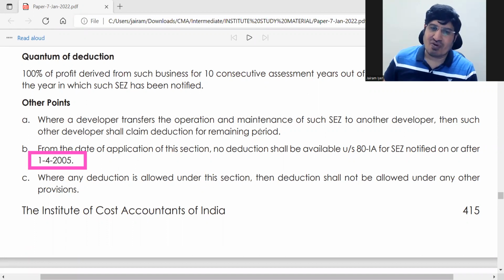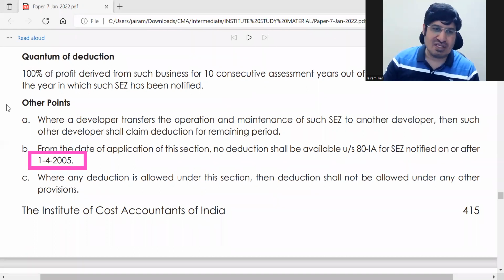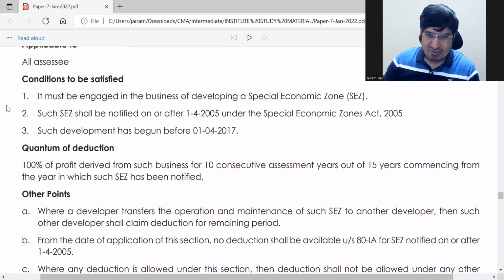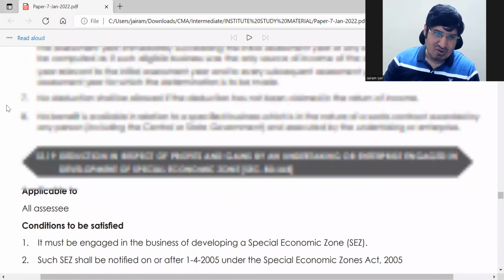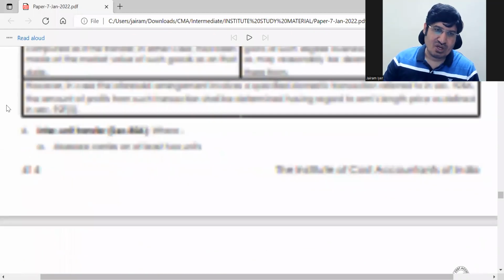All deductions for SEZ currently, if SEZ comes, will be under these rules. That's all, you don't have to think about anything more. I'm taking you up to that point just to remove all doubts.